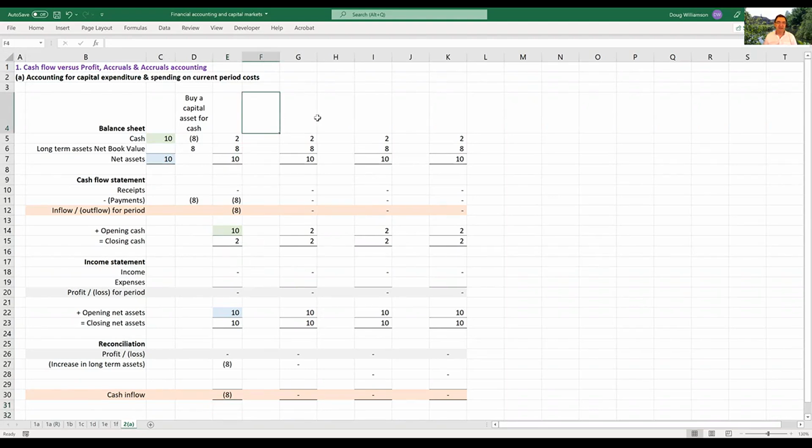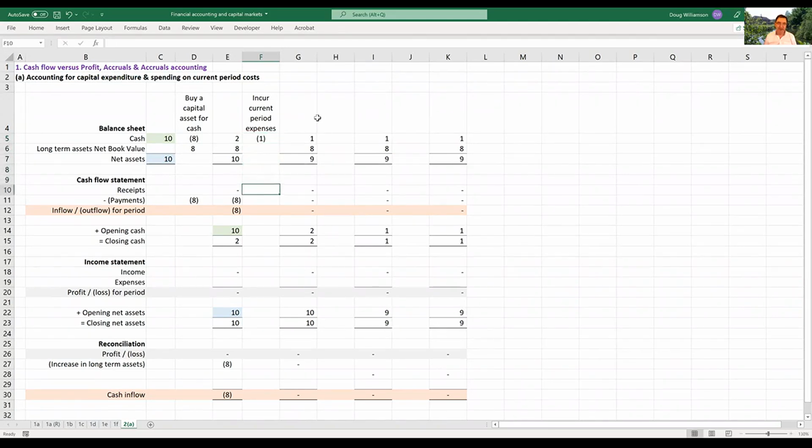This next part might be paying wages. So let's say incur current period expenses. And let's say that's 1. So cash goes down by 1.